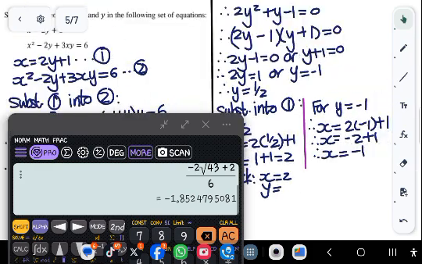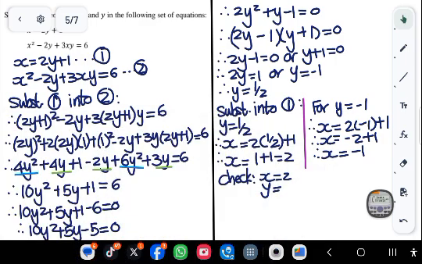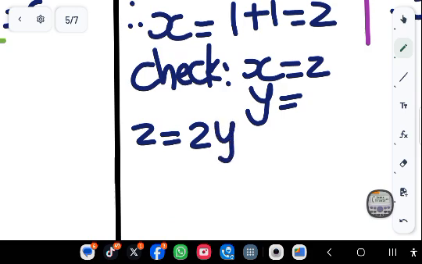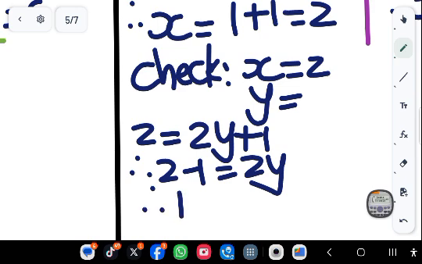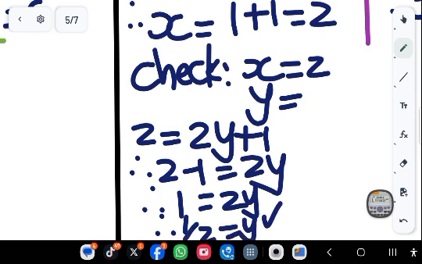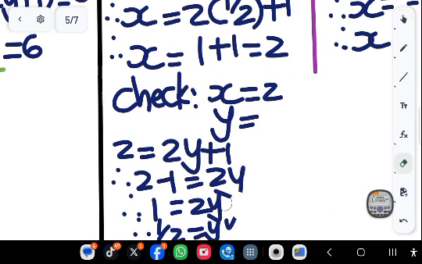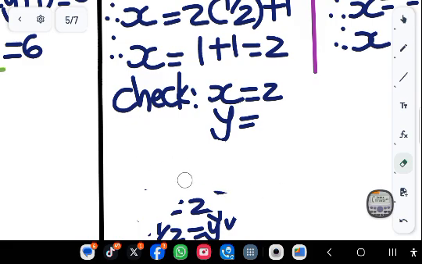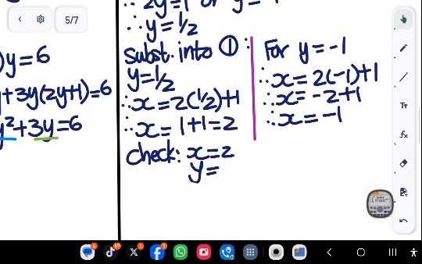Okay, here is where we're checking. 2 equals 2y plus 1. Therefore, 2 minus 1 equals 2y. Therefore, 1 equals 2y, meaning that y equals a half. All right, it checks out. Okay, check the other one with x equals -1.